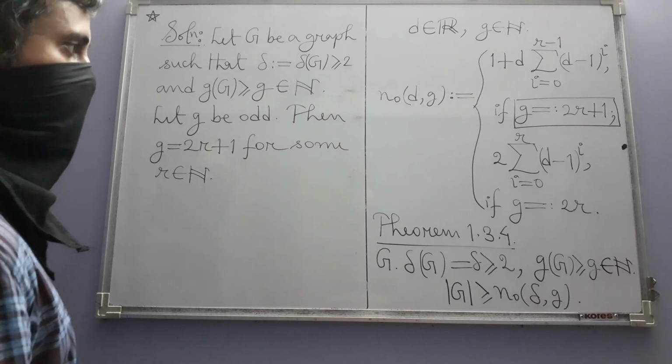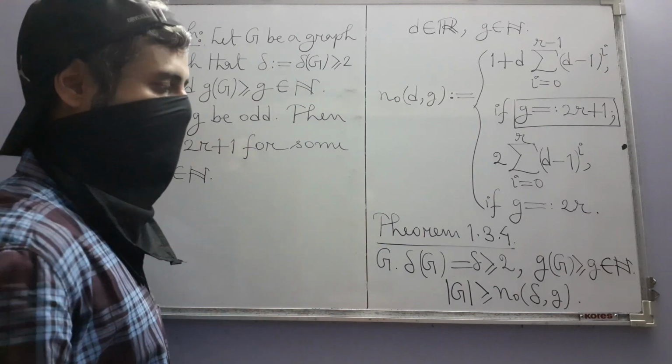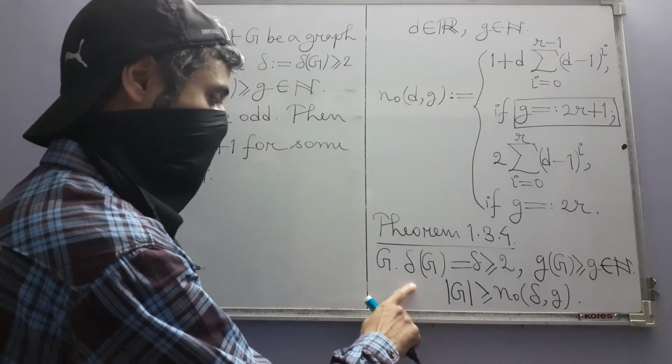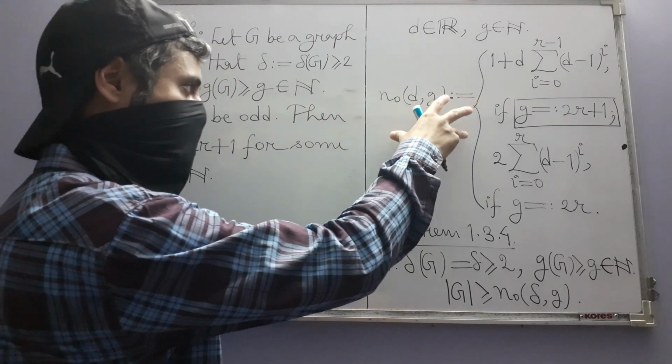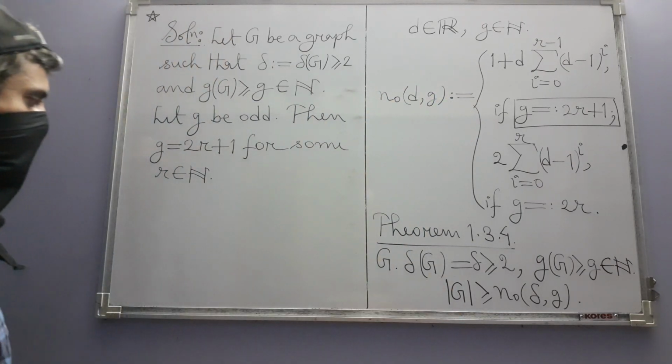Now what we will do is that we will start by assuming a central vertex in G, and this is how we also started in that result which comes before this definition, where we have an upper bound for this.